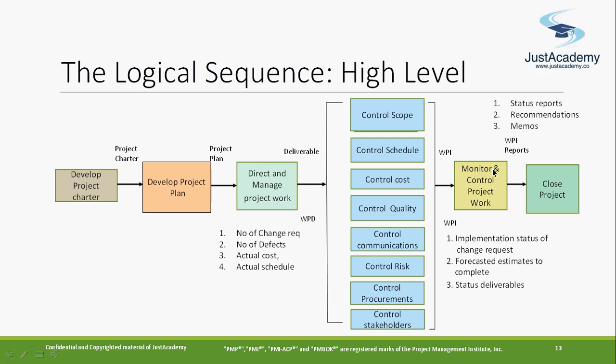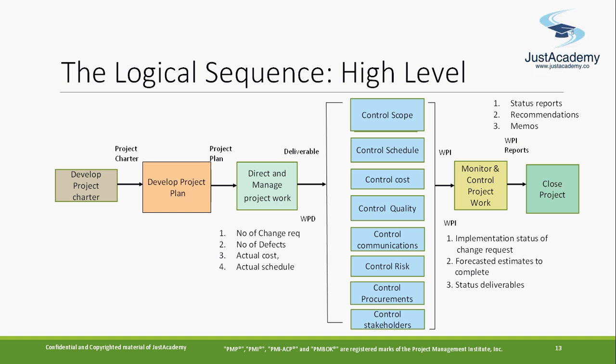Once this work performance information goes to monitor and control project work, which is at an overall level, you monitor the project activities overall, and then you have a status report. Since some activities are getting delayed, some are high risk, or something has not been delivered, your project can be delayed by a few months or weeks, or cost can overrun.